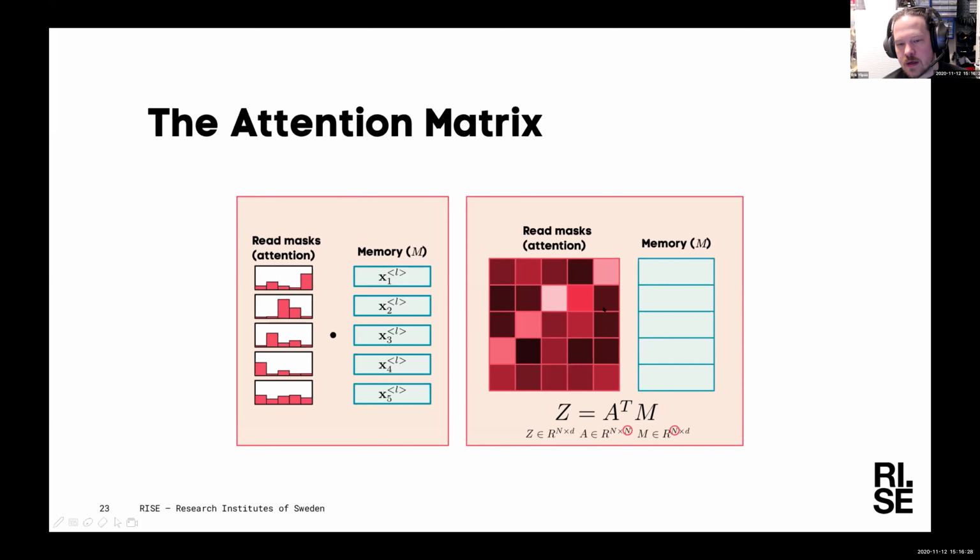And in particular, the size of this matrix will be quadratic with the input length. In this case, I use n. So as we increase the memory to be at least as many memory slots as the sequence input, then we also need to increase this attention mask.